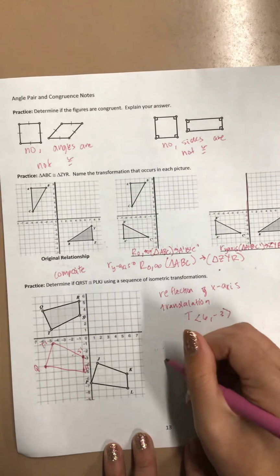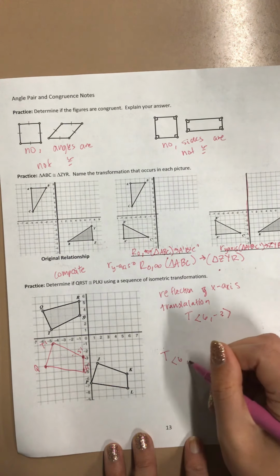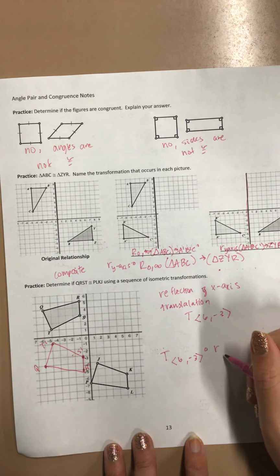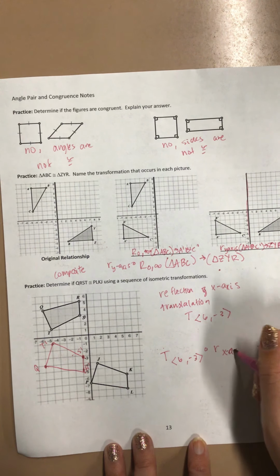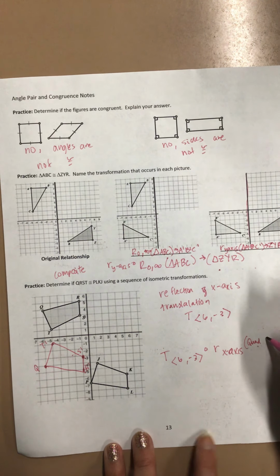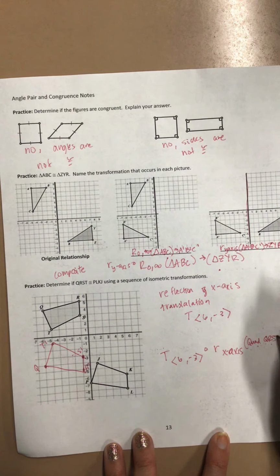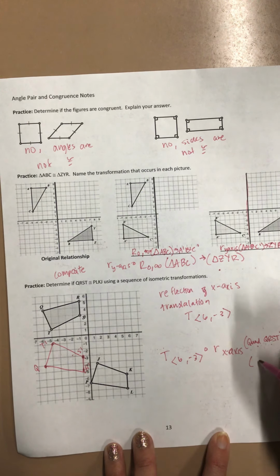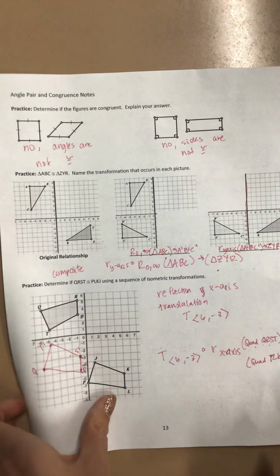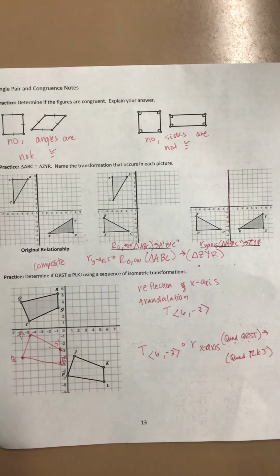So if we wrote it as a composite, translation 6, -3, my little circle, reflection over the x-axis, and it is my quad of QRST goes to my quad of PLKJ. Oops, you guys can't see all of that. And that is everything for note 7.